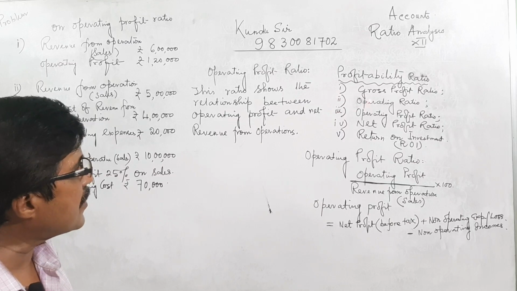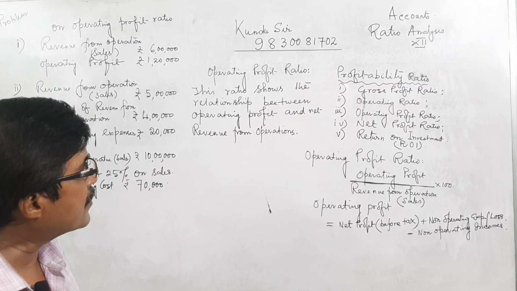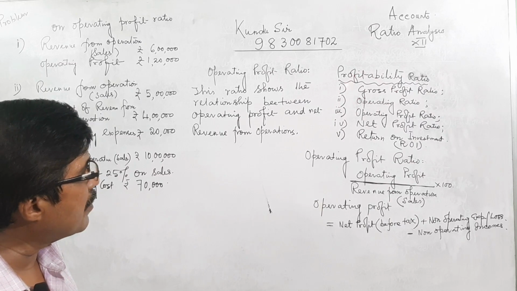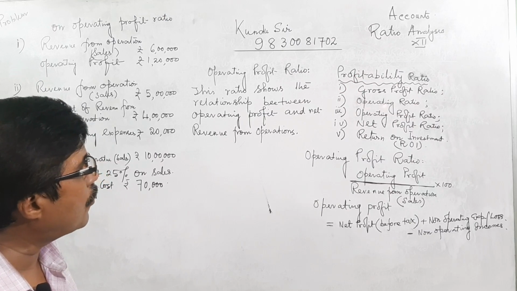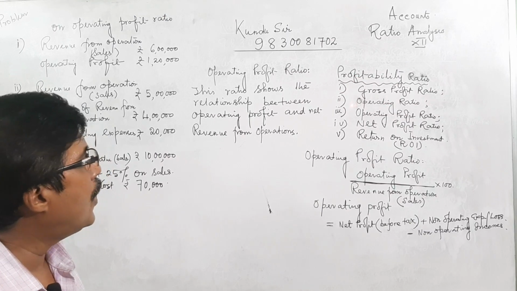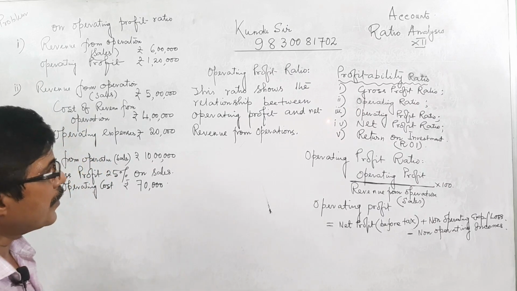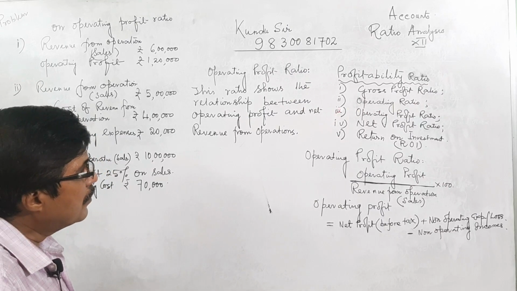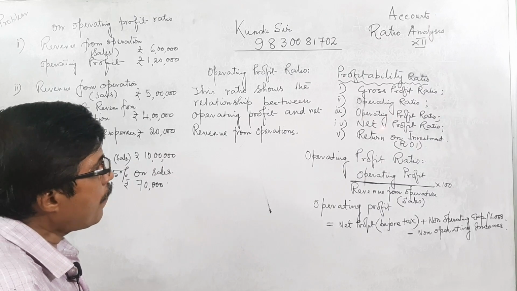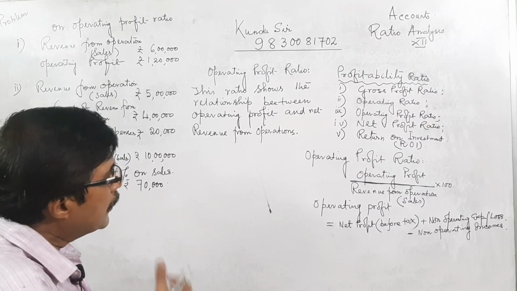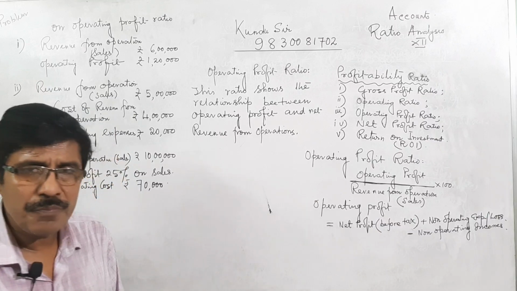In the last class, I have given examples with few ideas about gross profit ratio and operating ratio. Now I am giving focus on operating profit ratio. So what is operating profit ratio?